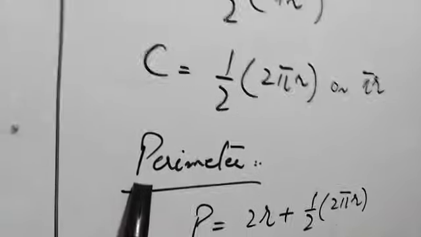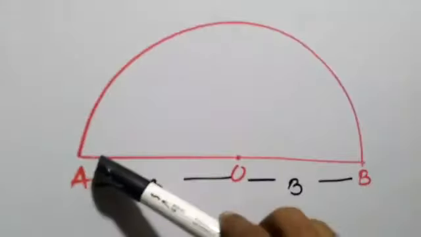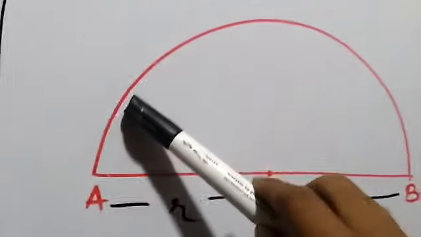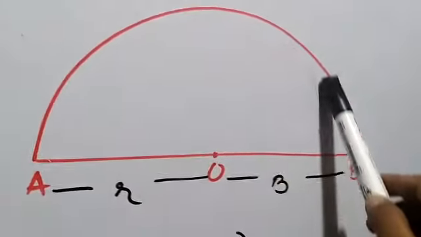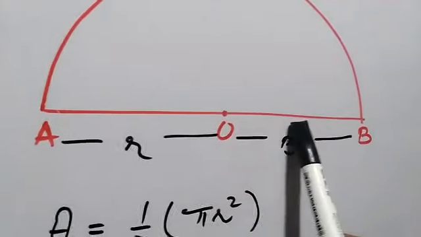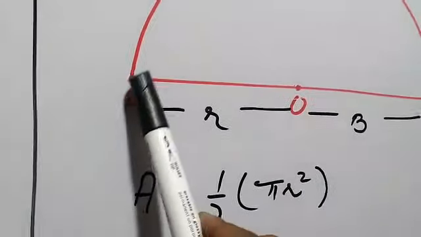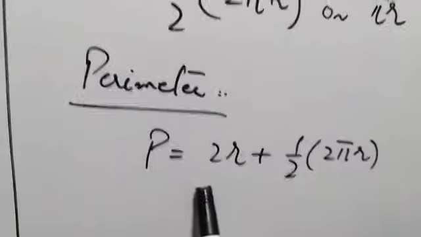But when we discuss the perimeter, it means the sum of all sides. Now we can see in the diagram, for example, if we start moving from A to B, then again B to A. What is the definition of the perimeter? Perimeter means the sum of all sides.